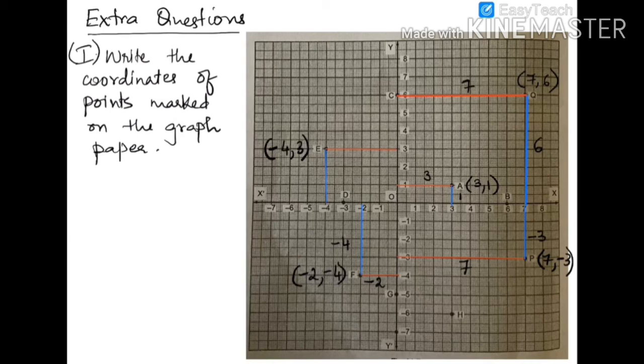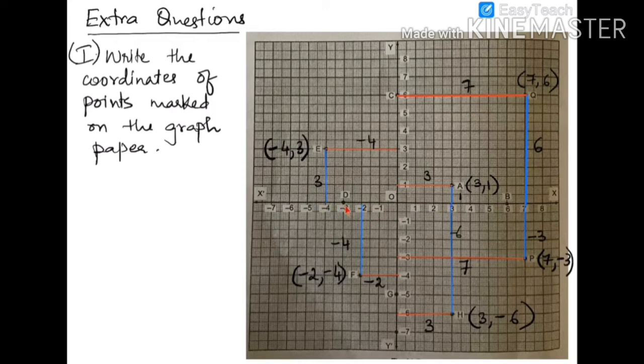For point H, its perpendicular distance from the y-axis is 3 units and its perpendicular distance from the x-axis is minus 6 units. So the coordinates of this point will be 3, minus 6.